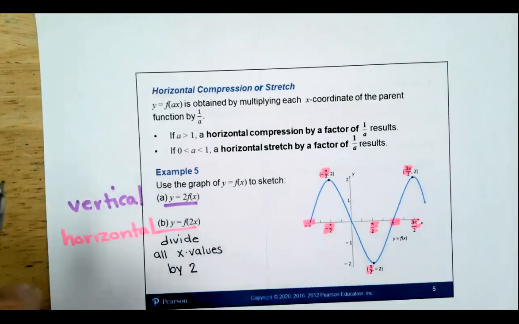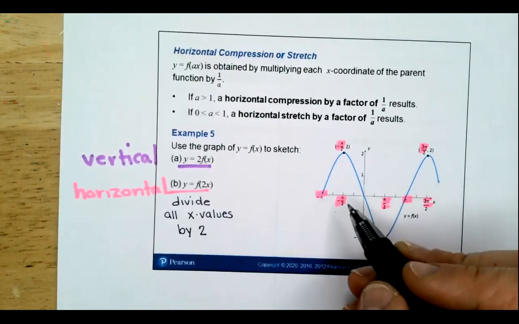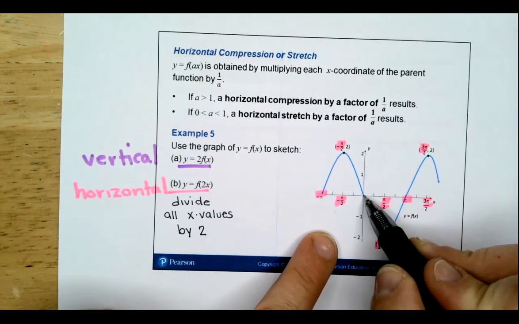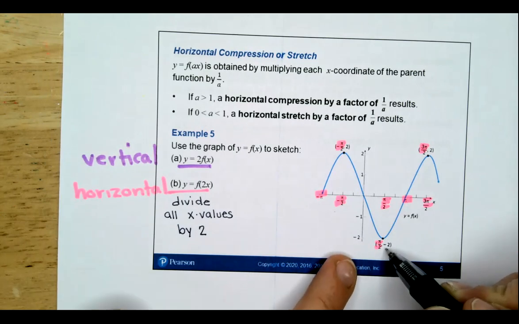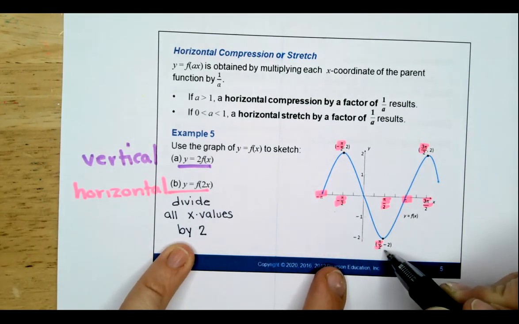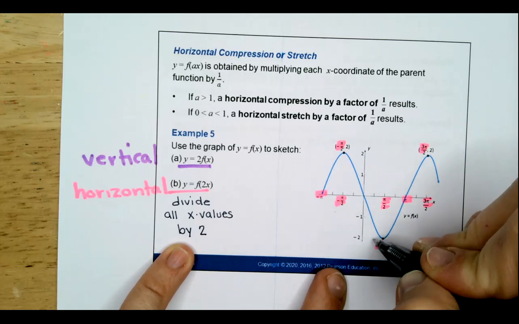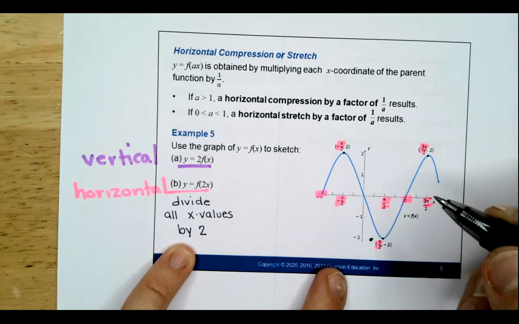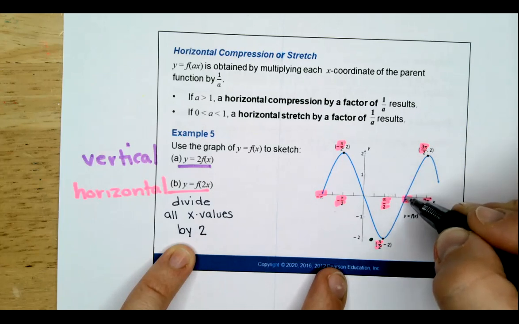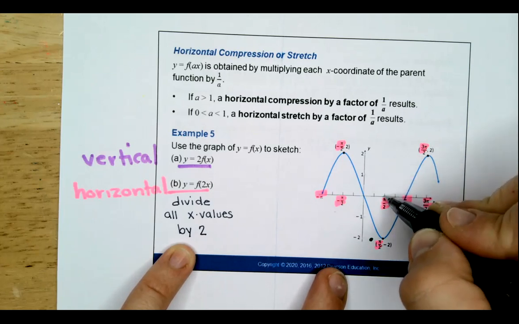But first, let's do this one. So instead of 0, 0 will remain the same. Instead of pi over 2, negative 2, we're going to divide pi over 2 by 2 and get pi over 4. So that's now going to move right over here. Okay? This guy, pi, is going to get divided by 2.